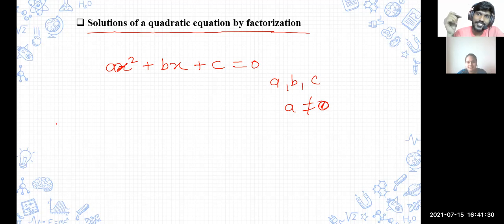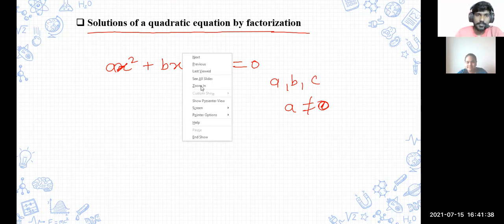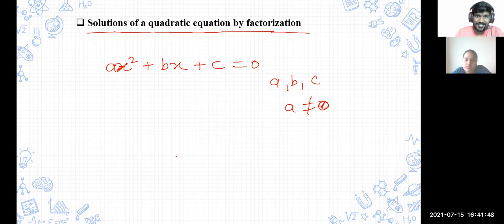I wrote it long back actually. When I was explaining that time I wrote it down. Okay, wait, I'll erase it and I'll rewrite. Yeah, you now you're writing ABC and then you wrote A is not equal to 2 to 0. 0. Yeah, you written 2.